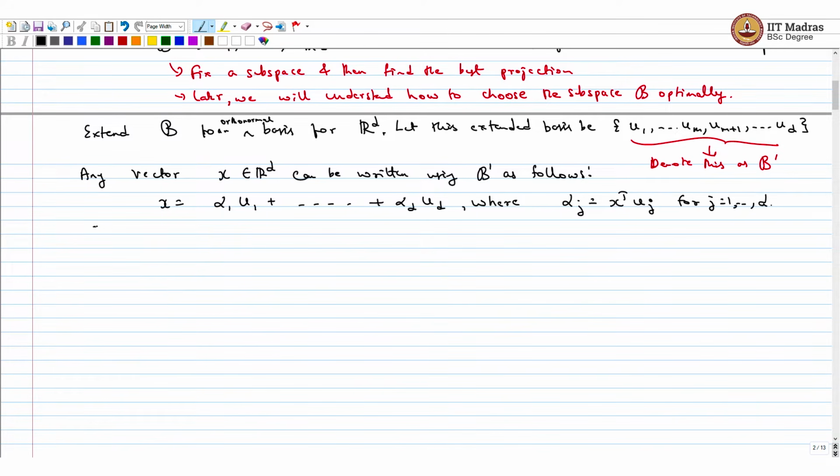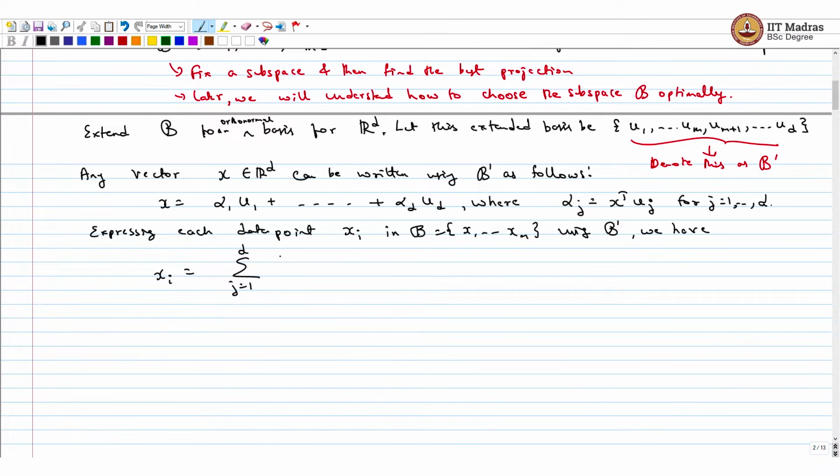Now, expressing each data point xi in the set B that we have, x1 to xn, using B prime, we have xi equals summation j equals 1 to d, xi transpose uj times uj.